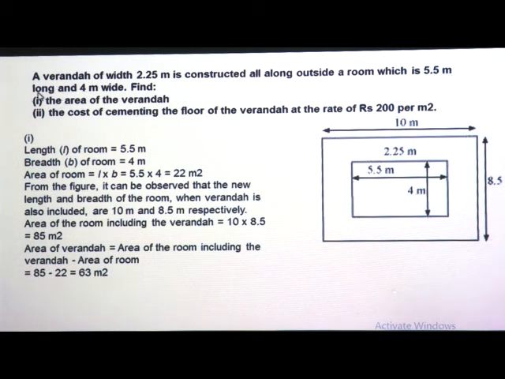The length of the room is 5.5 meter, and the width of the veranda is 2.25 meter, and the room is 4 meter wide. Find the area of the veranda. We have to find the area of the veranda and the cost of cementing the floor. So, first we will find the area of the veranda.